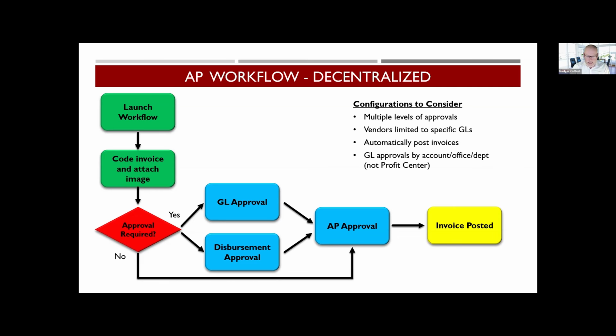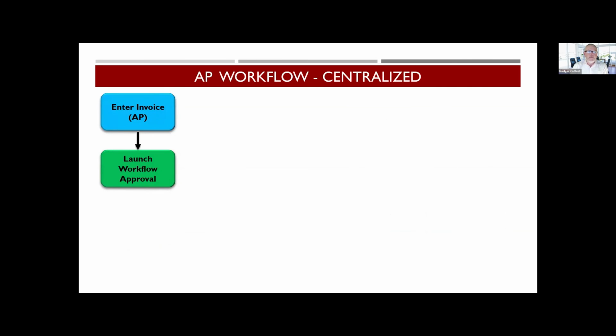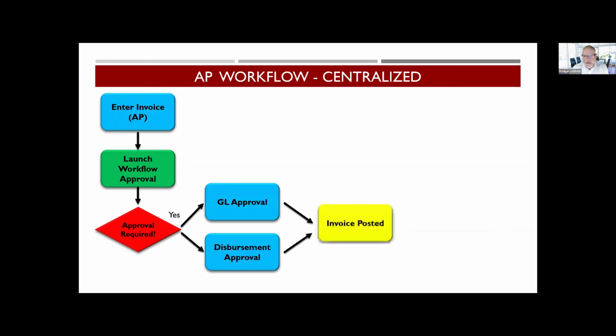Now, if we look at this centralized model, if invoices generally come to your accounts payable department in the mail, then you can have your AP department enter the invoices directly into Expert AP. And from Expert AP, they can launch the workflow approval process. This approval process is really the same as what we just went through.